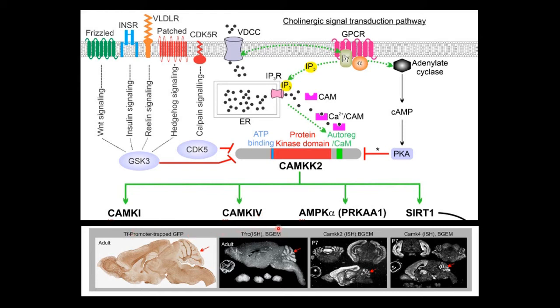These bottom panel images show expression of transferrin receptor, CAMKK2 and CAMK4 in different parts of the mouse brain. Based on these images, it is obvious that all these genes are highly expressed in different parts of the mouse brain, specifically in the cerebellum region.